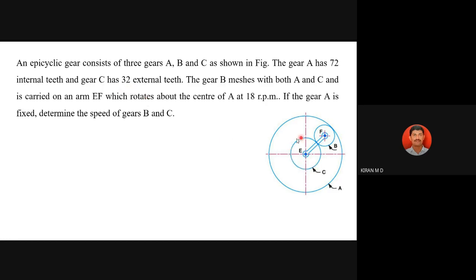This is the gear at the center. The gear B meshes with both A and C and is carried on an arm EF. This arm EF rotates about the center of A at 18 RPM. If the gear A is fixed, determine the speed of gears B and C.